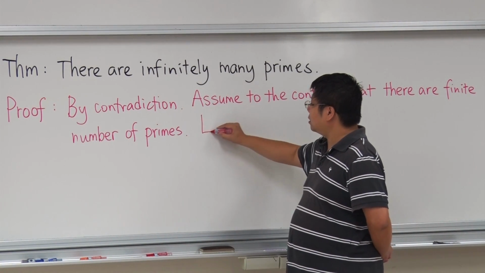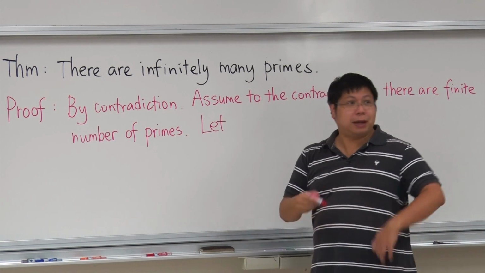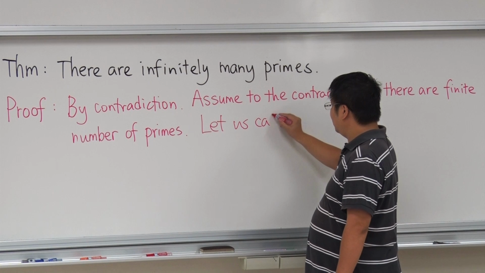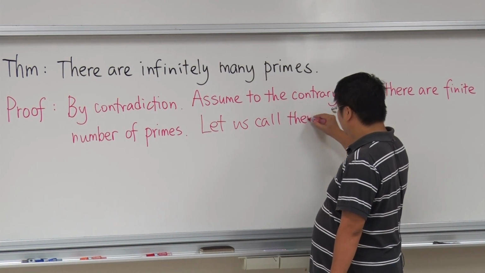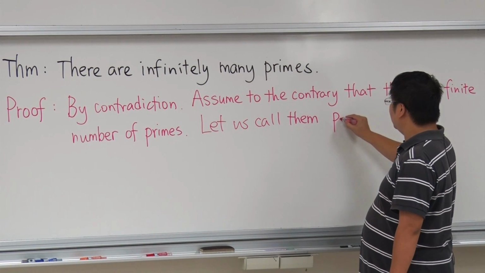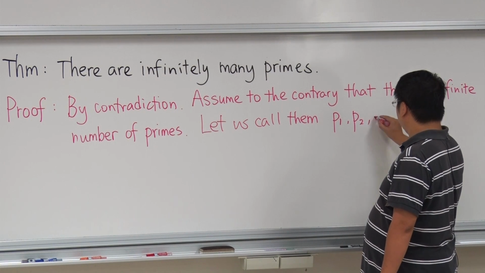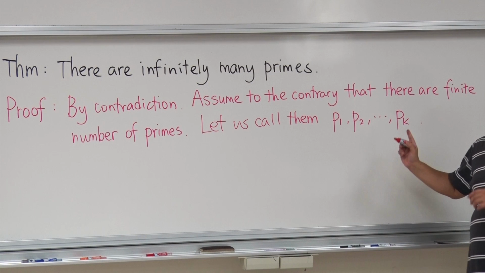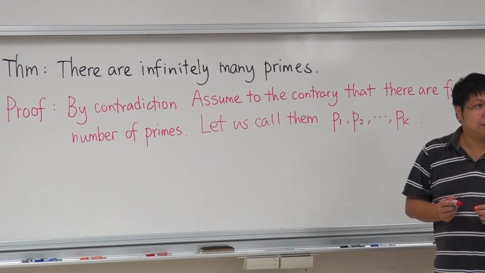Because there are a finite number of primes, we can list them out one by one. Let us call them p1, p2, up to pk. And that's it. They're just k primes. There's nothing else.